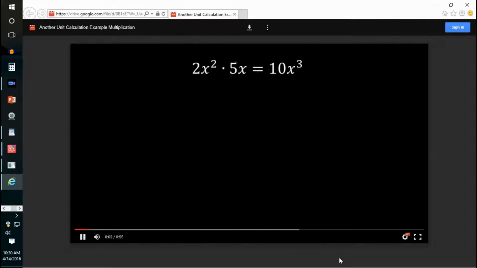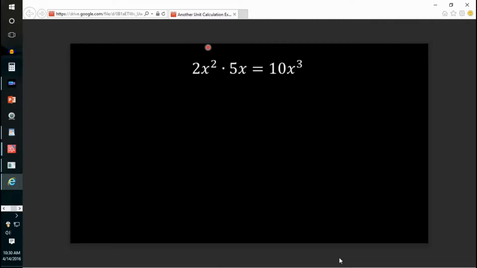Another example. Just as we say 2x squared times 5x is equal to 10x to the third, remember, x squared times x is x to the third power, and 2 times 5 is 10. Just as we can show that with our rules, we can say that 2 inches squared times 5 inches is equal to 10 inches to the third power, or 10 inches cubed, or 10 cubic inches.